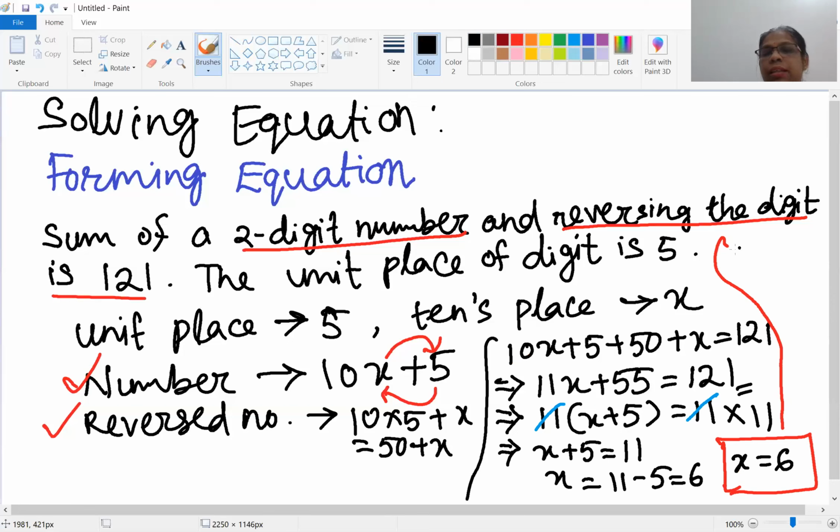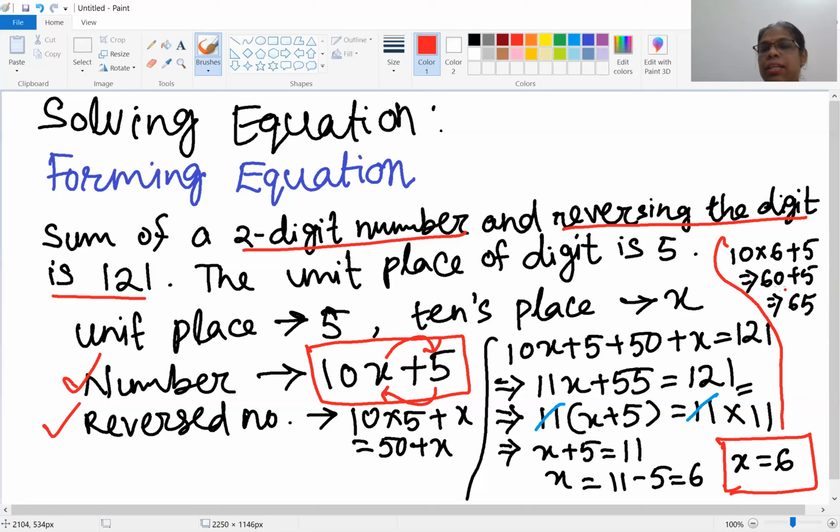My number is 10 multiplied by x. x means 6 here, plus 5. 10 multiplied by 6 is 60, plus 5, which is 65. My number is 65. I hope you understood now how to solve the word problems.